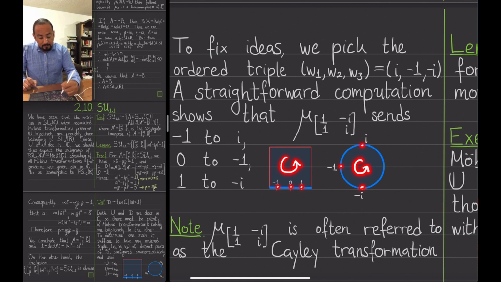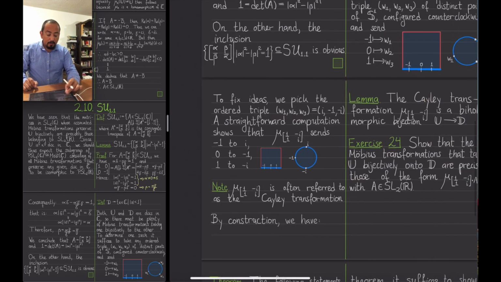Right. So the Möbius transformation that takes -1 to i, 0 to -1, and 1 to -i, indeed sends U, the upper half plane, onto the open unit disk. Okay.